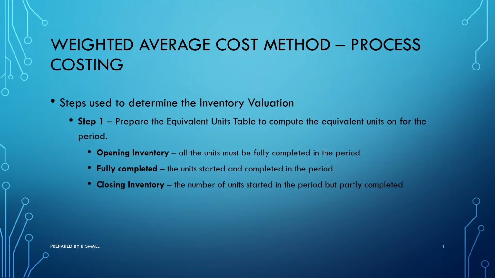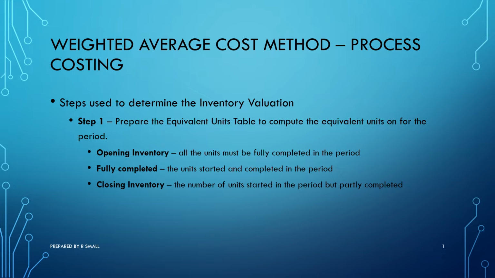However, there's a slight difference, because under the average cost method, opening inventory, all the units must be fully completed in the period under review. And again, our fully completed units are all started and completed in the same period under review as well.